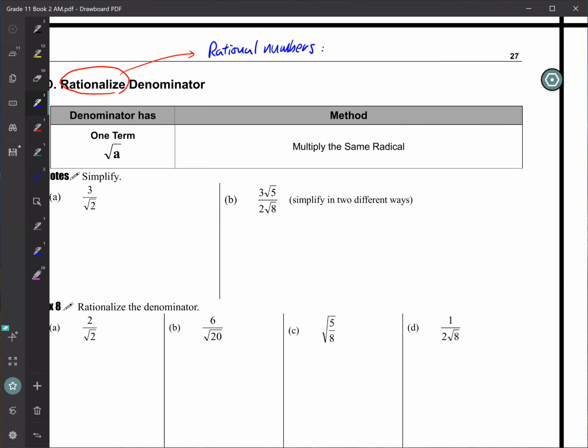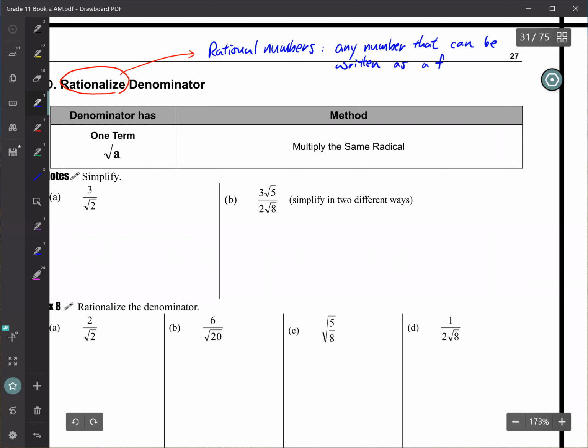So a rational number is any number that can be written as a fraction. Okay, this will be the definition for a rational number: a number that can be written as a fraction.